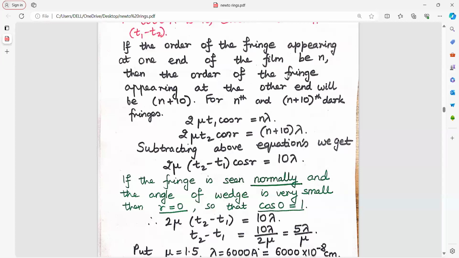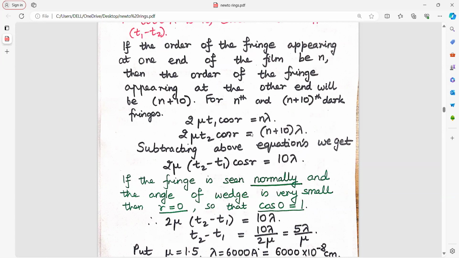Now for the nth and n plus 10th dark fringe, we use the condition of path difference, 2 mu t1 cos r equal to n lambda, and 2 mu t2 cos r is equal to n plus 10 lambda.